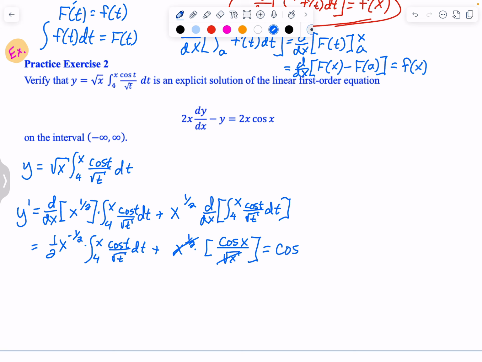So I get cosine x plus, let's go ahead and just change it, plus square root of x over 2 times that integral, and that's our second derivative. Okay, so it cleaned up okay.